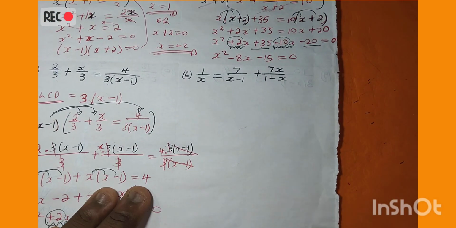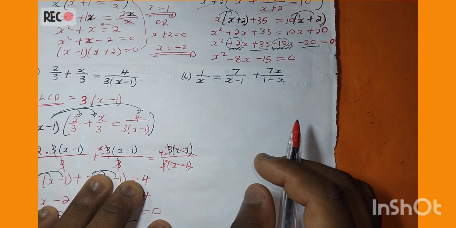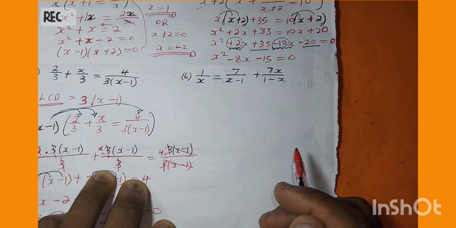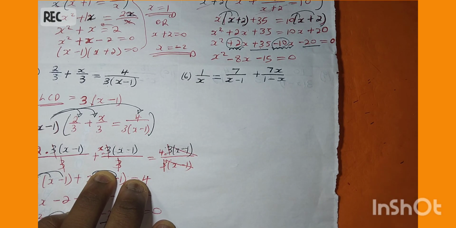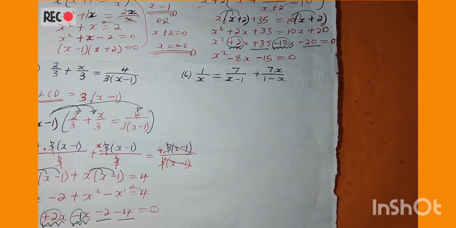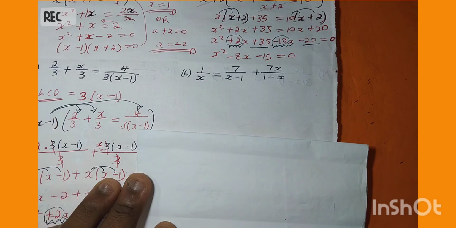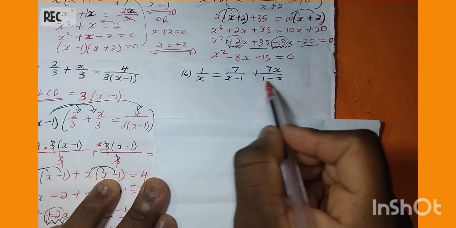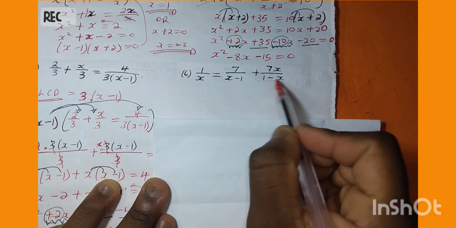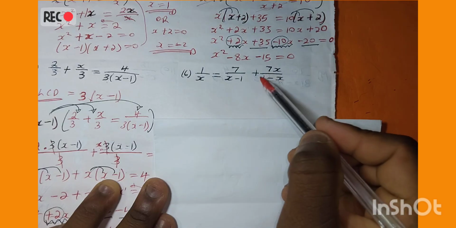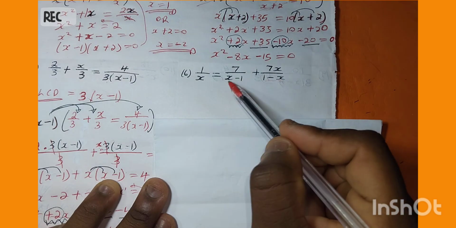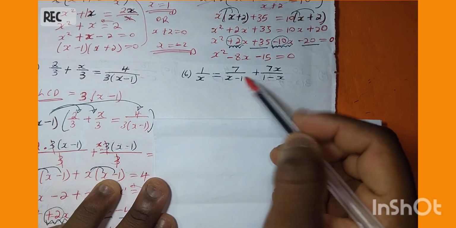For this one, guys, you should find what you call LCD. But for this one, you should be careful there. The reason why I say you should be careful, do you see this thing? This and that, they are still one and the same. But the problem about this one is it is not rearranged like that.